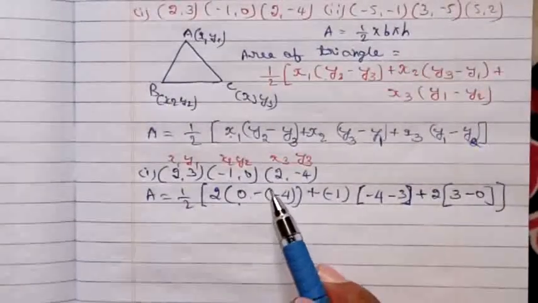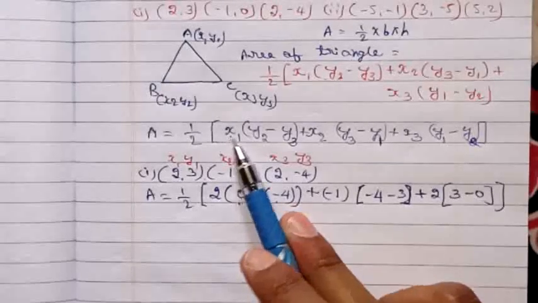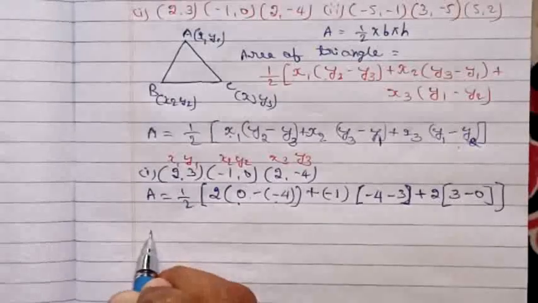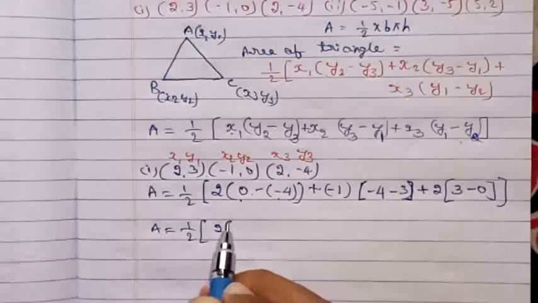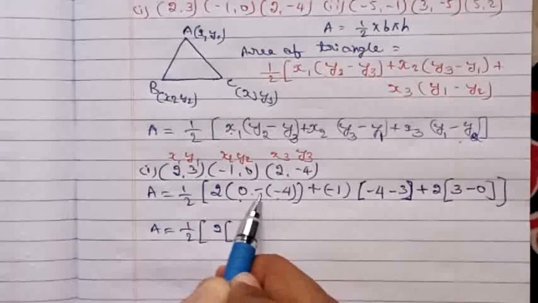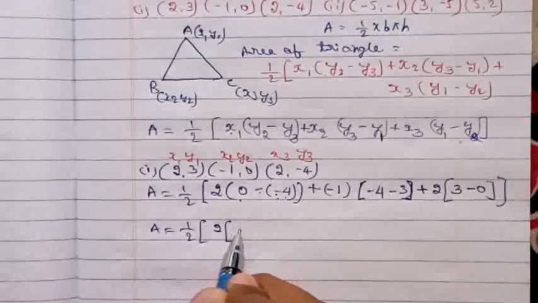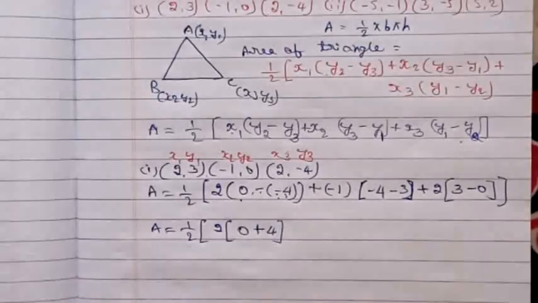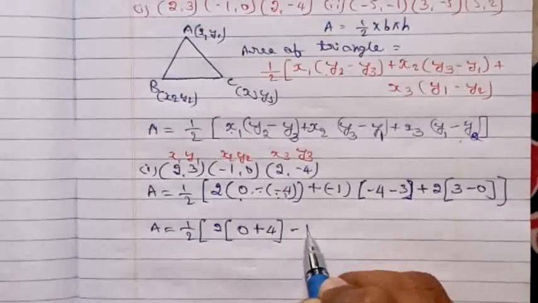As I said, you first open the bracket, and afterwards multiply by x. I'll keep the x values there: 2 into, and I will open the bracket. Here two symbols are there, so minus into minus will be plus, so 0 plus 4. Now plus into minus is minus, so it becomes minus 1.